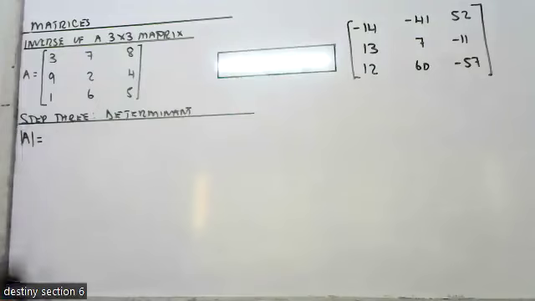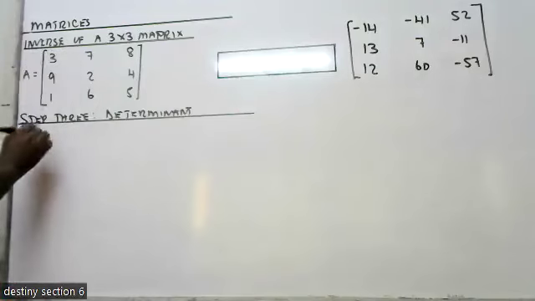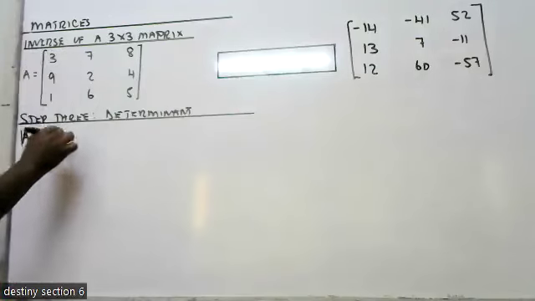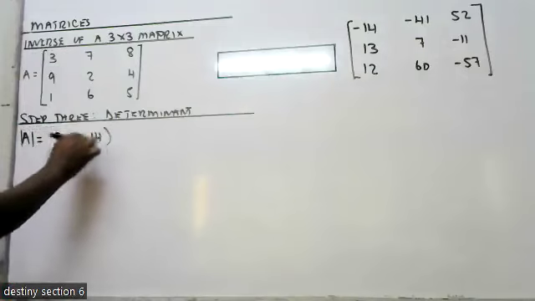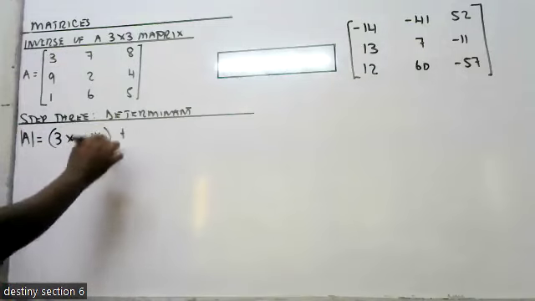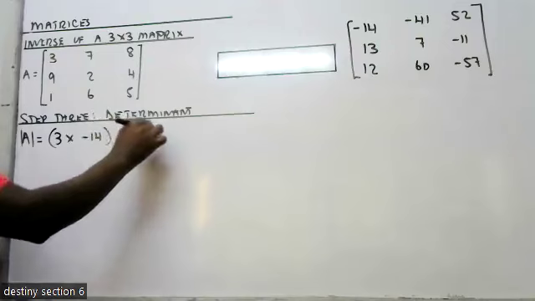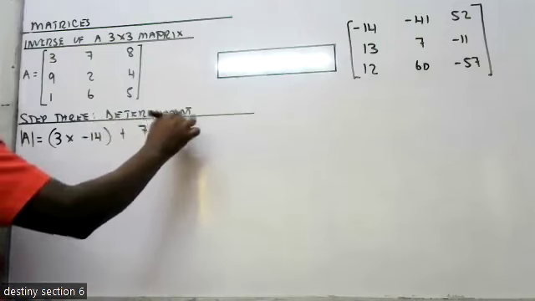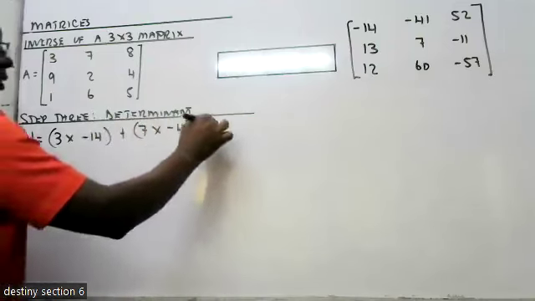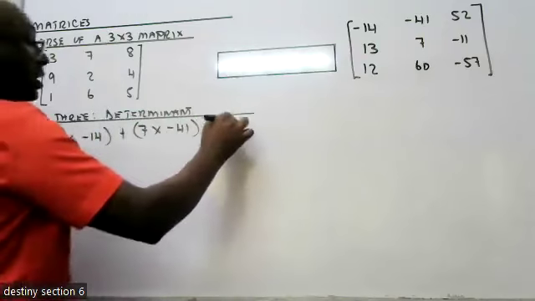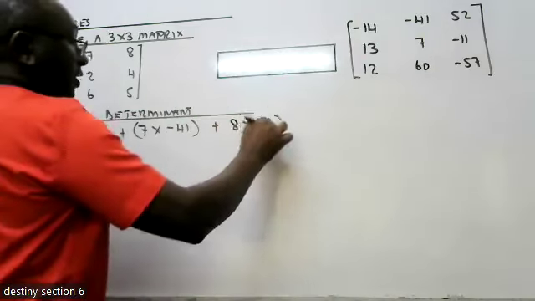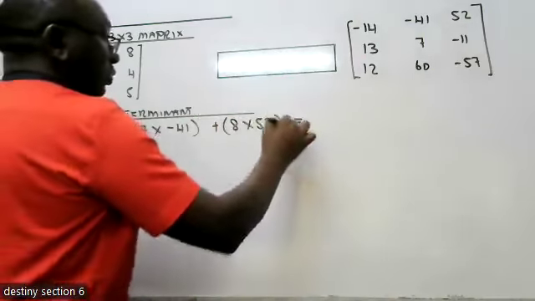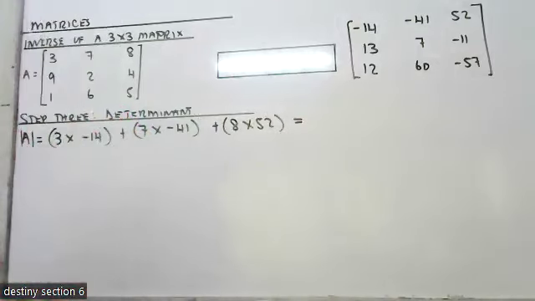But for our case, we take these 3 multiplied by minus 14, then plus 7 multiplied by minus 41, plus 8 multiplied by 52. That's how you get the determinant.